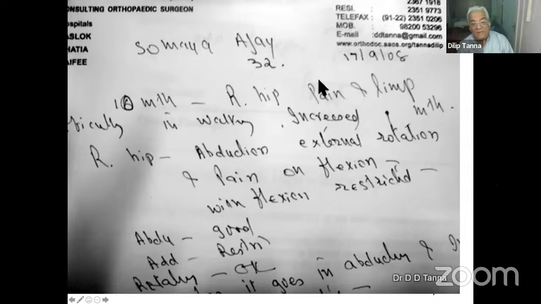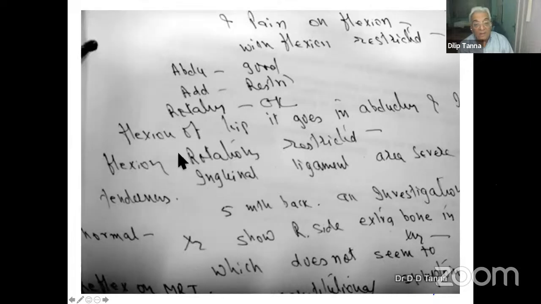10 months right hip pain and limp, difficulty in walking. Increased for 1 month, right hip abduction and external rotation, and pain on flexion with flexion restricted. Abduction good, adduction restricted, and a good rotation. Flexion rotation restricted, inguinal ligament area severe tenderness. 5 months back, all investigations were normal.